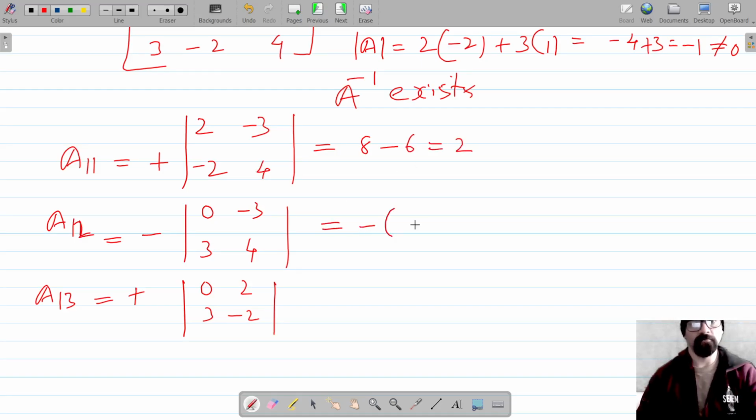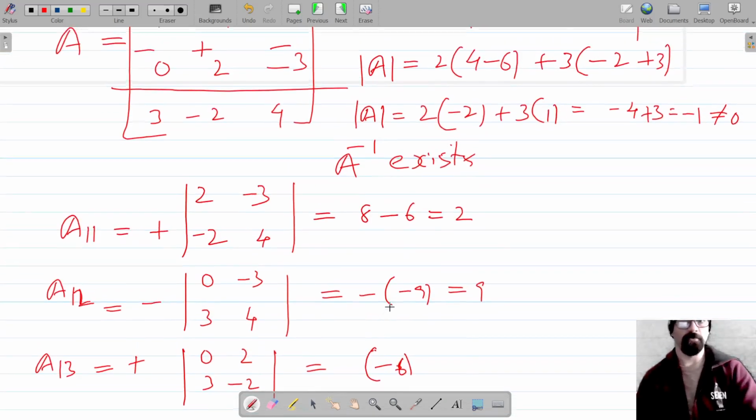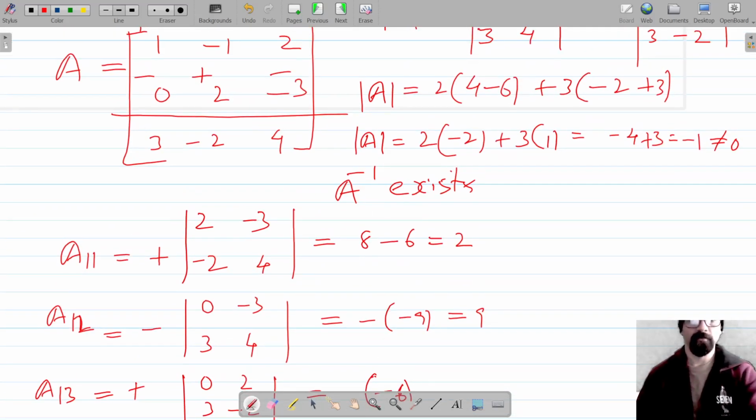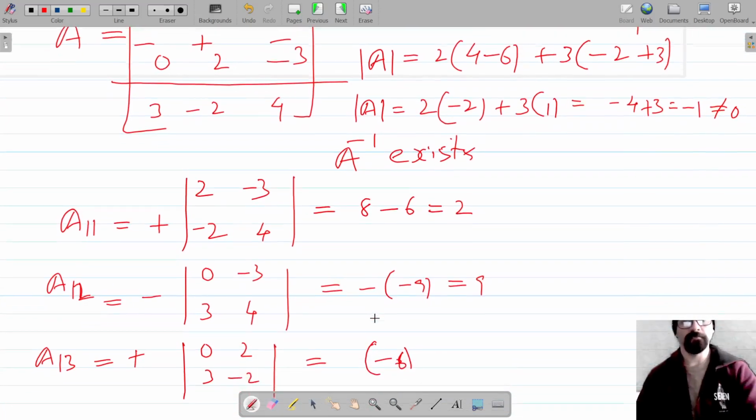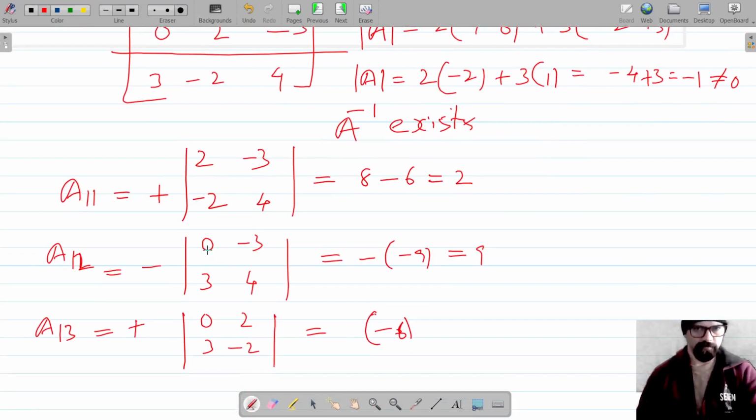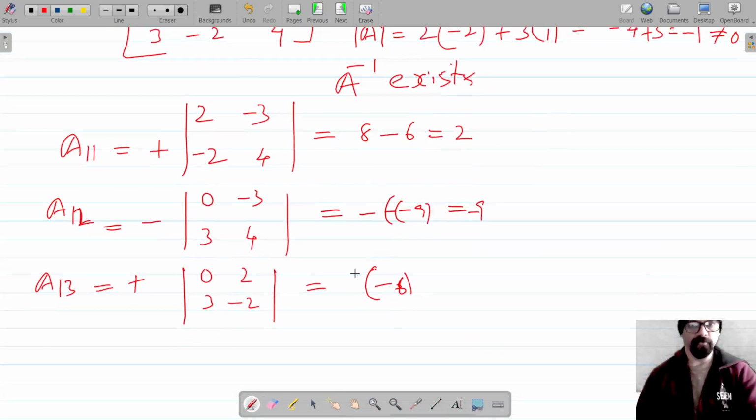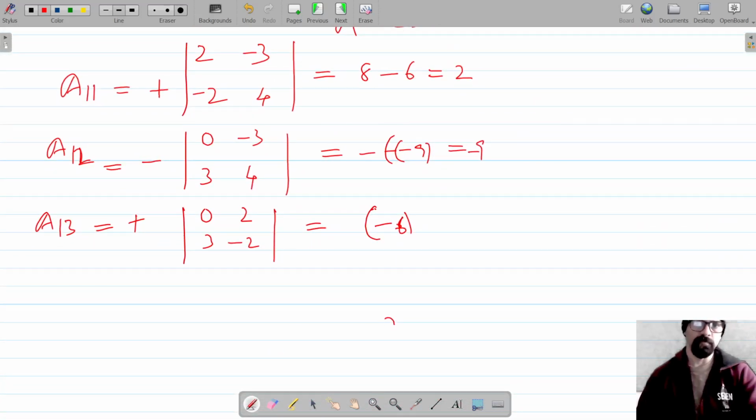This gives 2, negative 9, and negative 6. So the adjoint of A has the first column 2, negative 9, and negative 6.